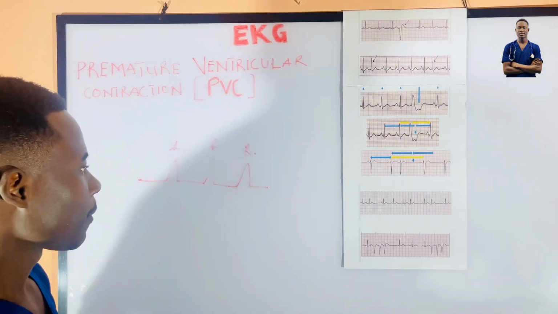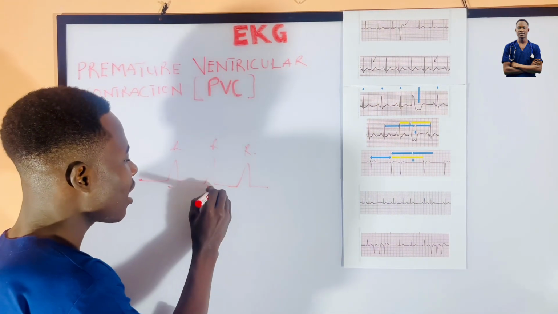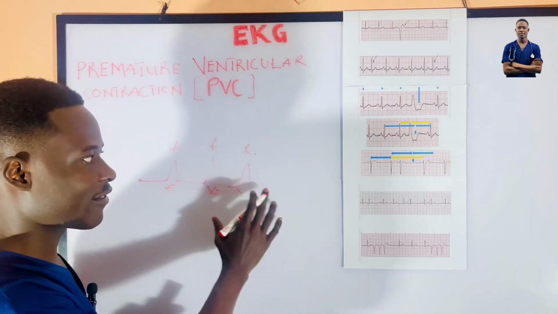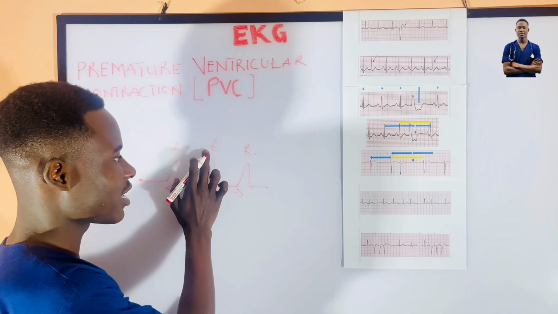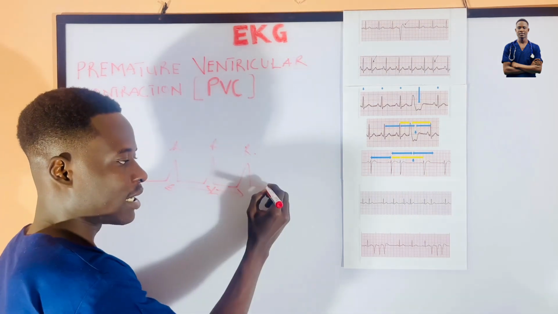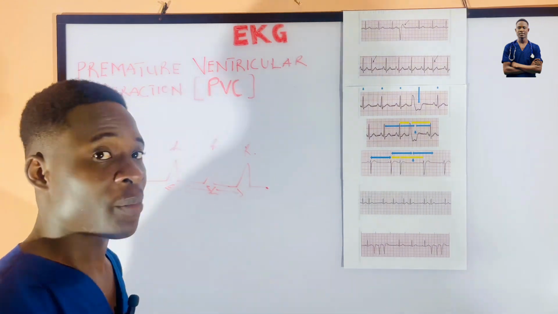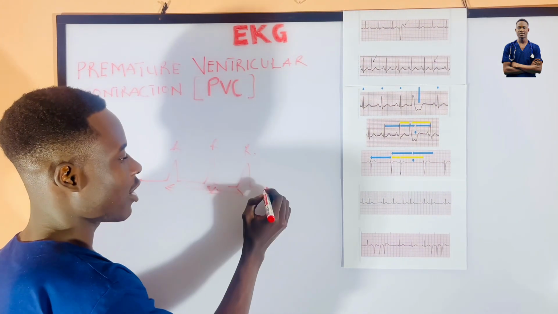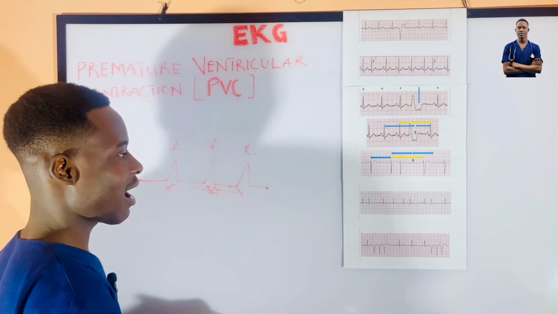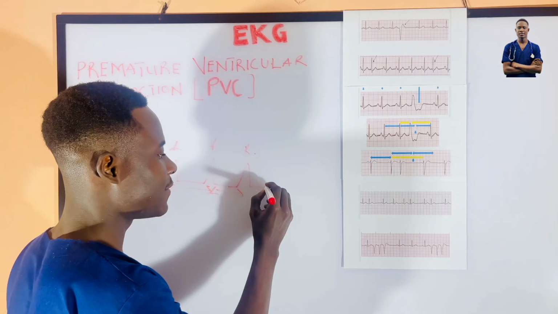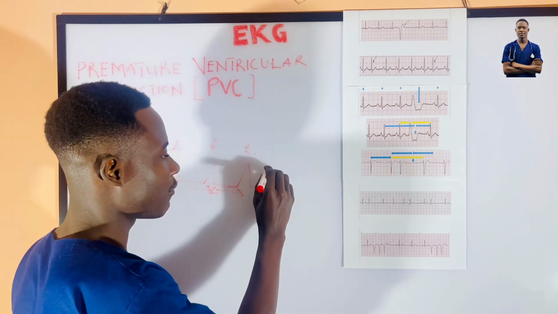For the PVC, we'll be getting normal or regular RR intervals. This RR interval and this RR interval will be regular. But where there is a premature ventricular contraction, the RR interval after the normal QRS complex becomes very short.